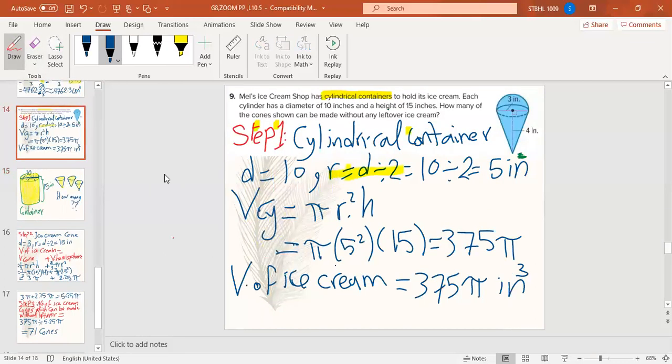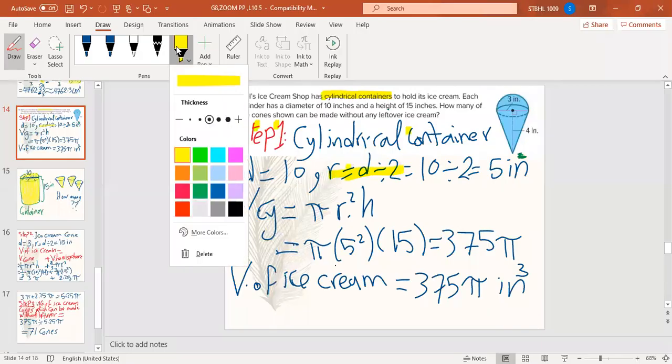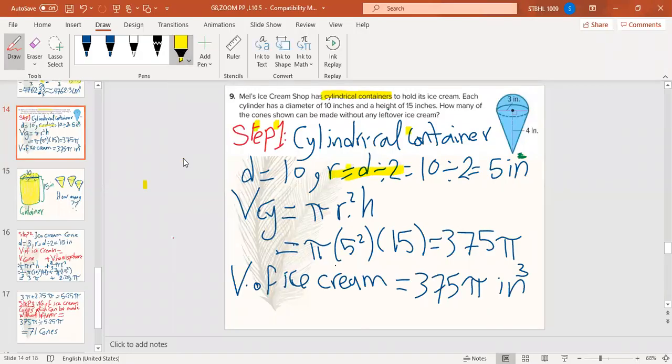So the radius will be diameter divided by 2, which is 10 divided by 2, equal 5 inches. We'll find the volume of the cylinder, substituting in the formula pi times r squared times h.